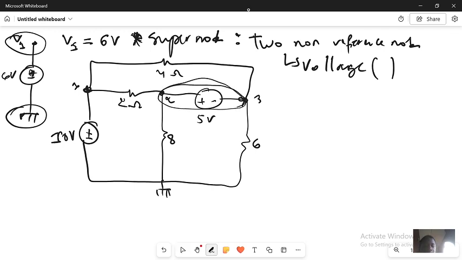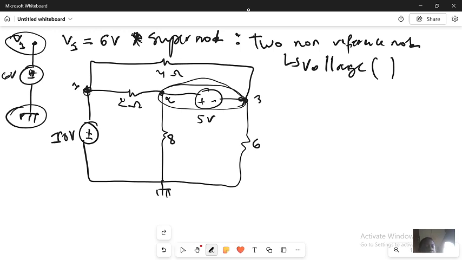Why? Because a voltage source is between two non-reference nodes, and there is no other element here. So to solve this one, it is a supernode, because there is a voltage source. The voltage source can be either dependent or independent, same. So how to solve this one?